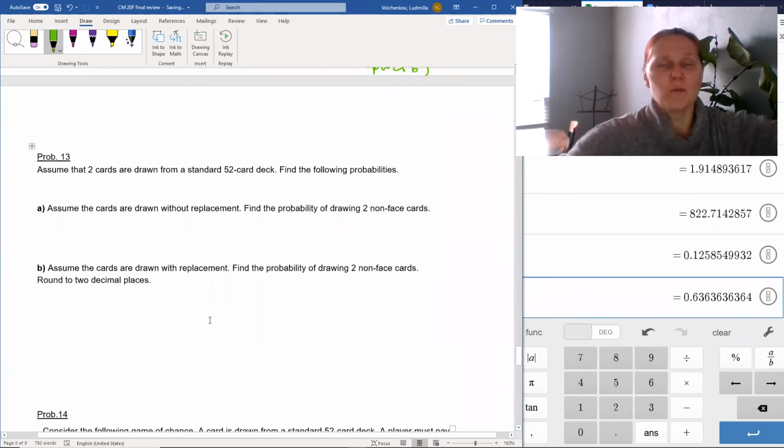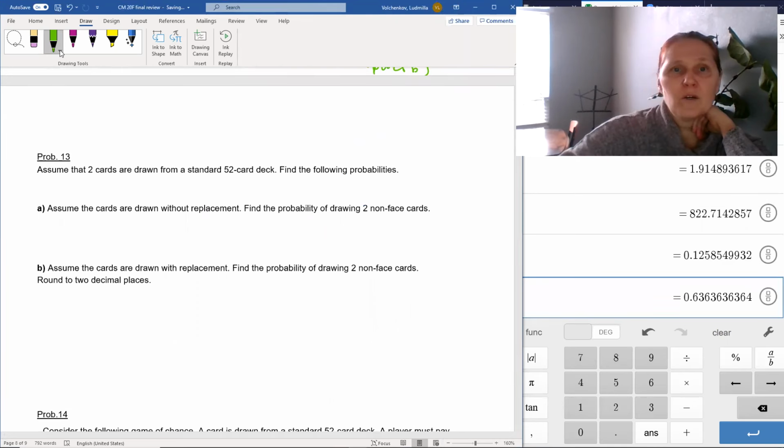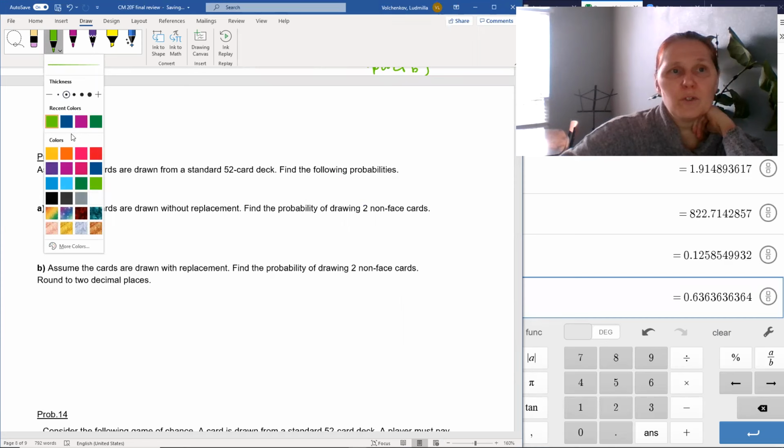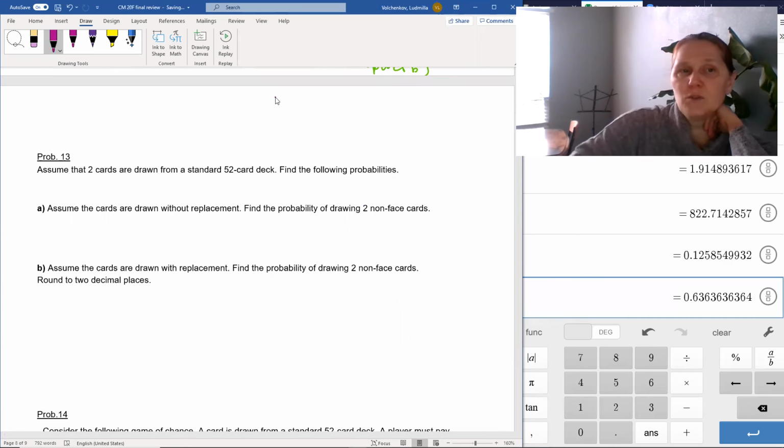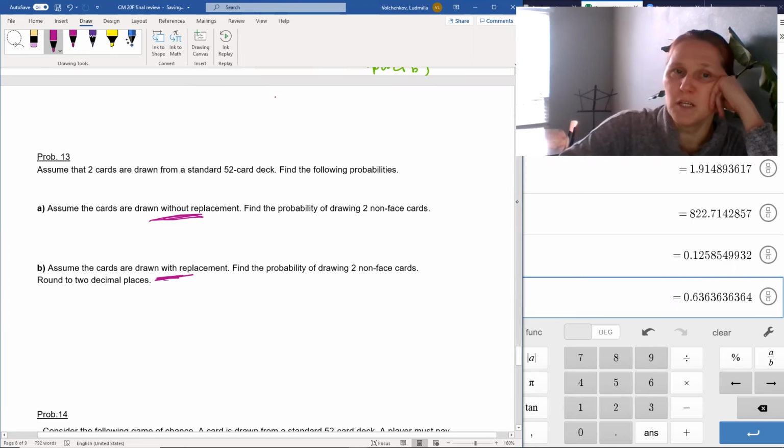Another probability problem. Assume that two cards are drawn from a standard 52 card deck. Find the following two probabilities. Assume that the cards are drawn without replacement in part A and with replacement in part B. We want to find here the probability of drawing two non-face cards.